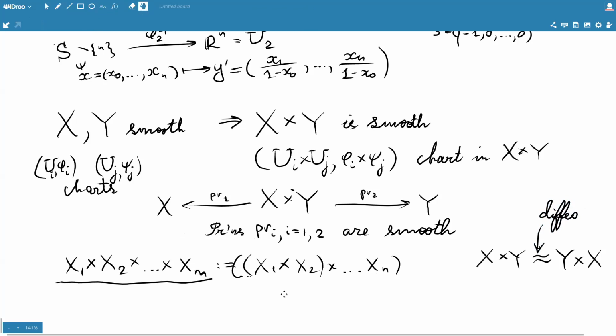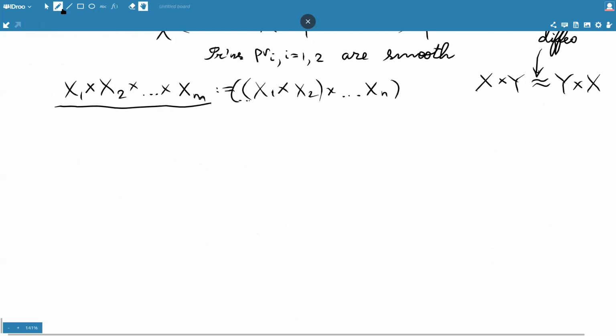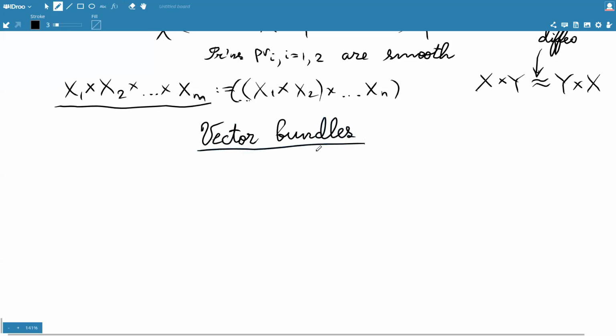Okay, so we should speak a little about vector bundles over smooth manifolds. Vector bundles, it is a very important notion. So what is a vector bundle?